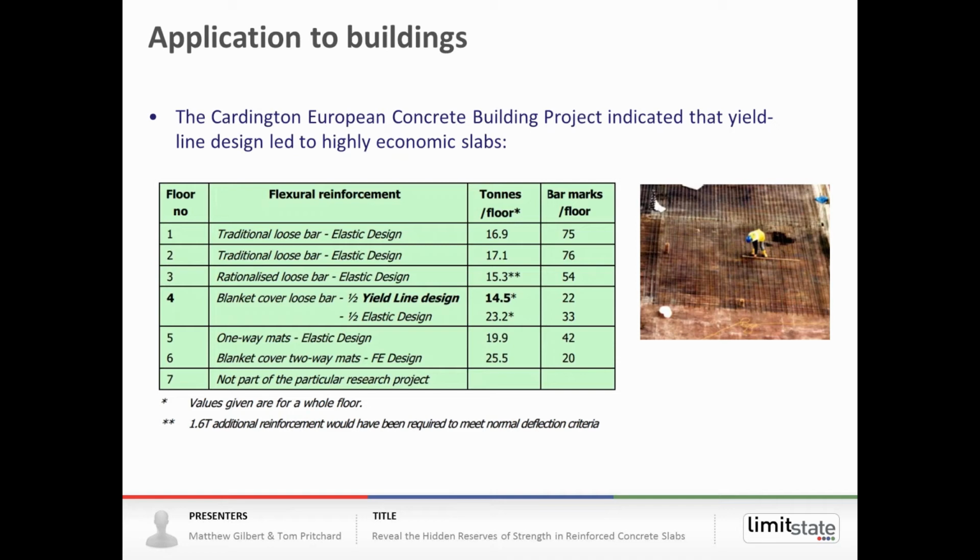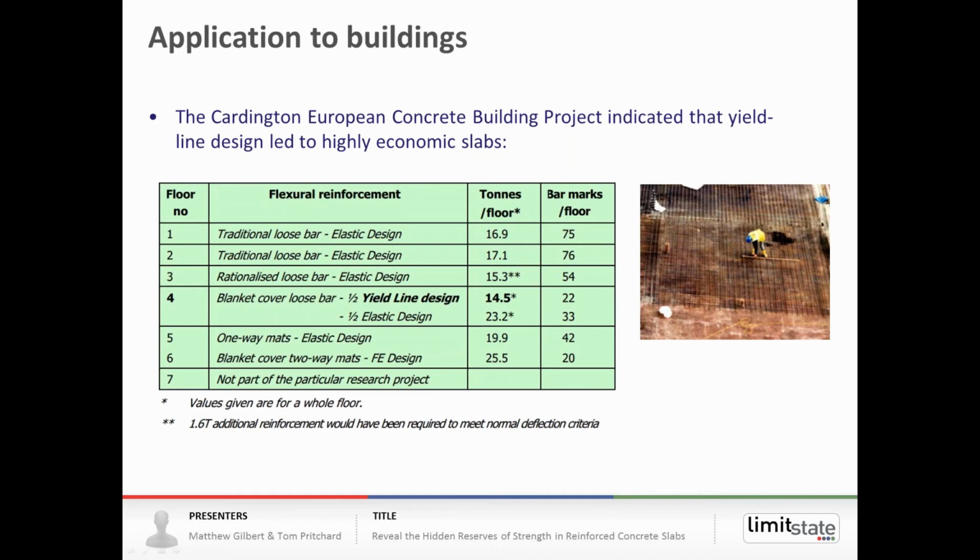So from the point of view of design, again probably around the same time, there was quite a lot of work looking at the benefits of applying the yield line method to the design of concrete slabs.